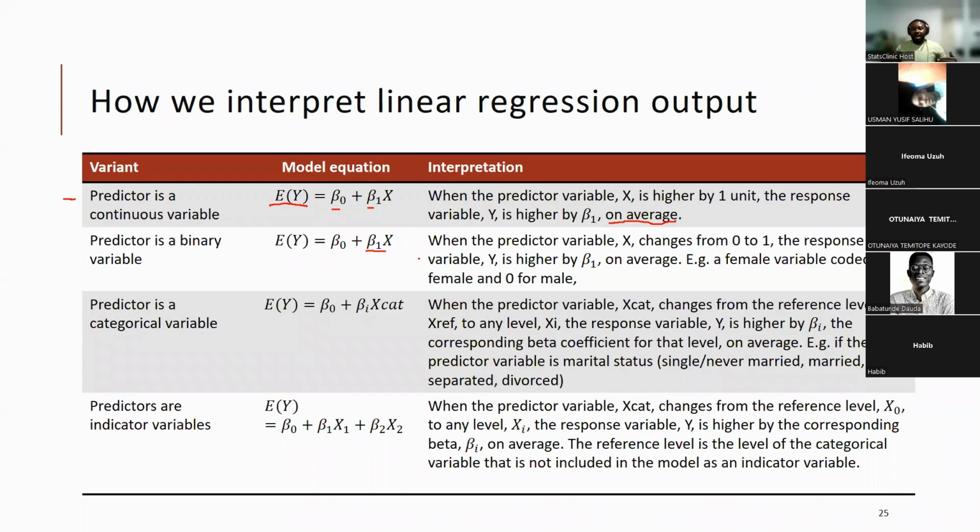That's how we interpret the regression output for a categorical variable. The same thing occurs for indicator variables. Remember, we said that indicator variables are really categorical variables, but presented in a way that each one is a separate variable by itself. So I won't spend too much time on that.